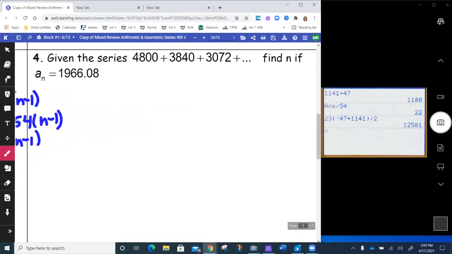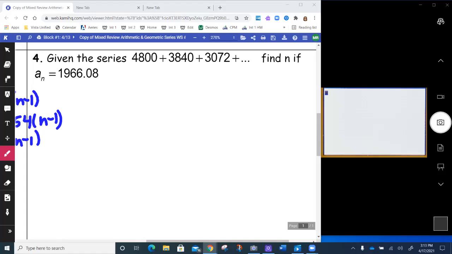For number 4, we want to figure out what n is in this. And so we need to figure out if it's arithmetic or geometric. So on number 4, we have to decide if this is arithmetic or geometric, and we want to find n. We want to find what term this term is.